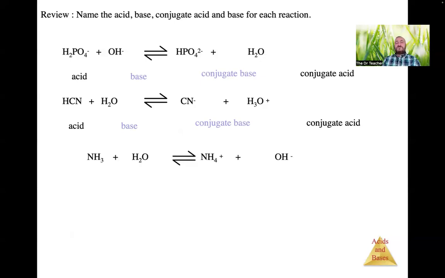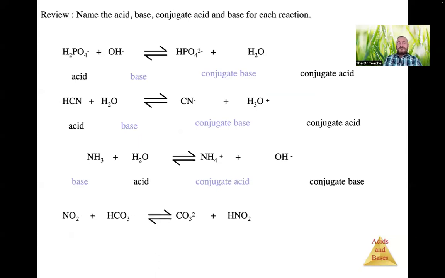If you come to this one, NH3 is a base. Ammonia with H2O will give you ammonium and hydroxide. So this is base, acid, conjugate acid and conjugate base. You see, NH4 plus, ammonium, will be the conjugate acid, and that one the conjugate base. NO2 with HCO3 minus.